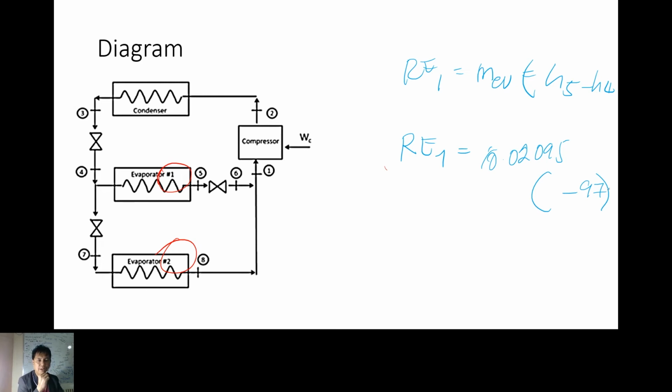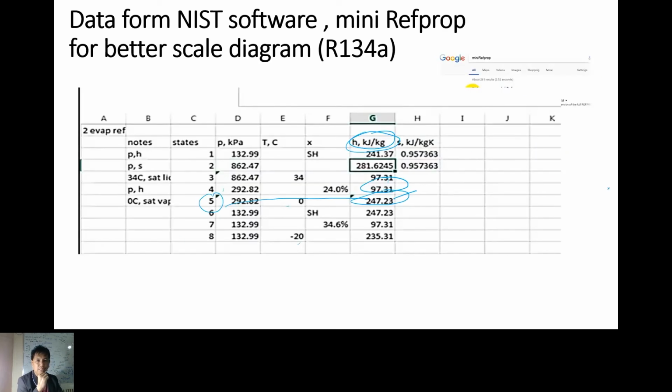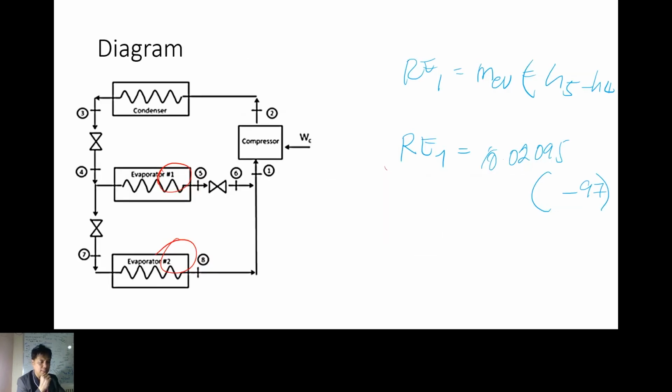H5 is 247.23. So, multiply mo rito, makakakuha ka ng kilowatts, no? Kasi ito ay kilogram per second.